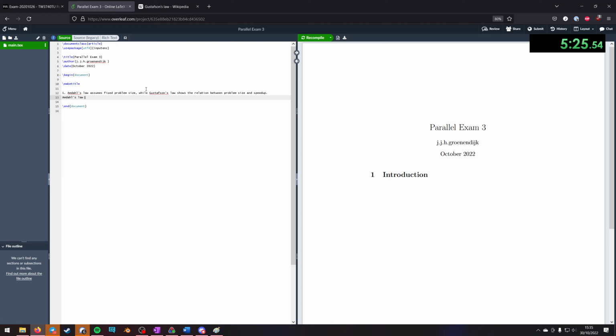Amdahl's law takes the fraction of parallelizable code to be constant, while Gustafson's law takes the execution time for the serial case to be constant.